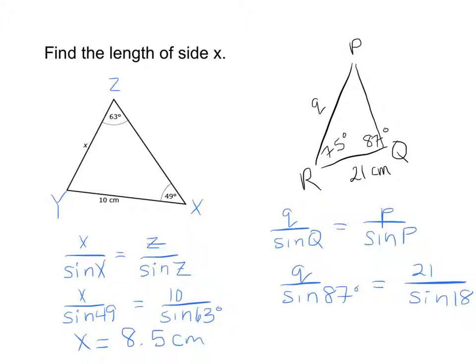And when you put all of that into your calculator, you find out that Q equals 67.9 centimeters. When I saw that number, it didn't seem right, but these angles aren't measured accurately, so you really can't tell by looking at it. But there you go.